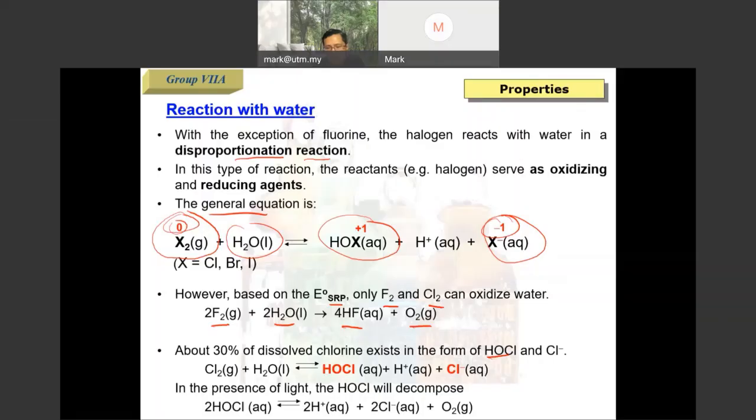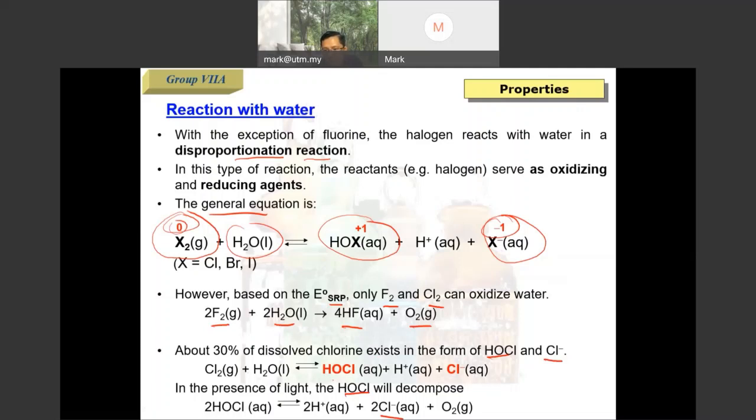About 30% of the dissolved chlorine exists in the form of hypochlorous acid, HOCl, and the chloride ion. But in the presence of light, the hypochlorous acid can decompose to form the chloride ion.